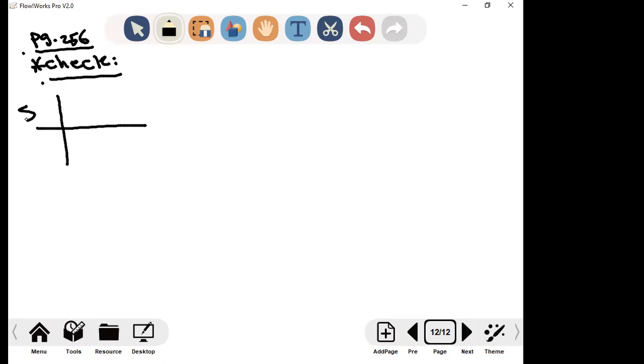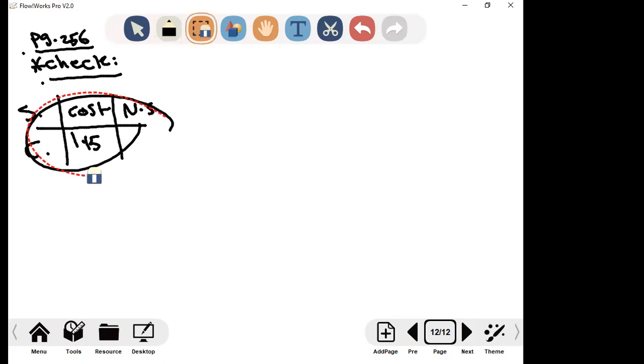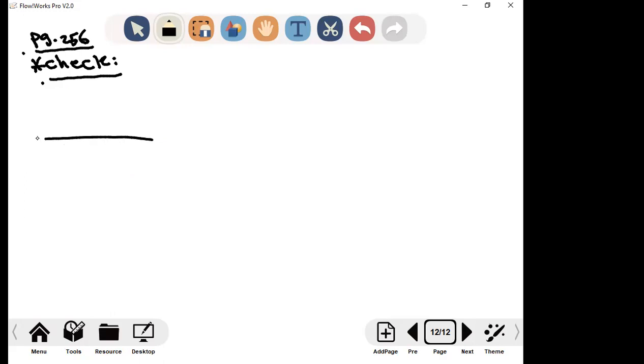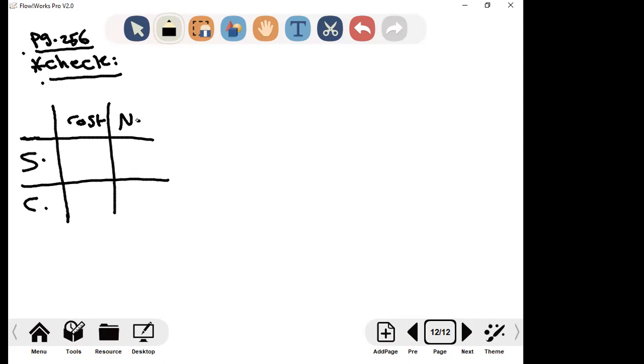Here the sugar and here the chocolate. Here the cost, and here the number sold.